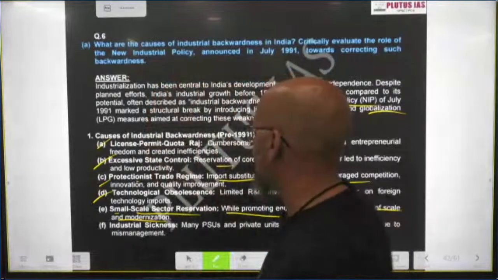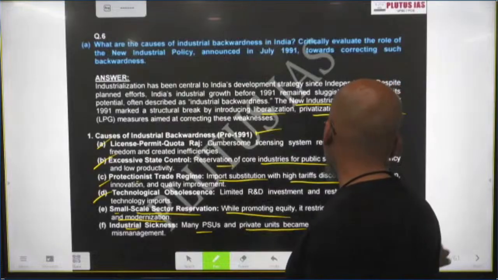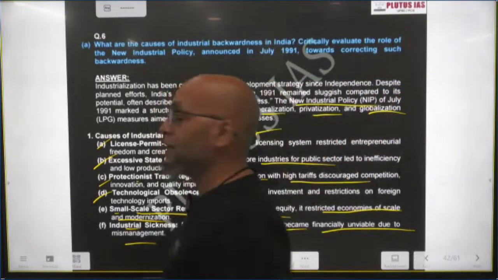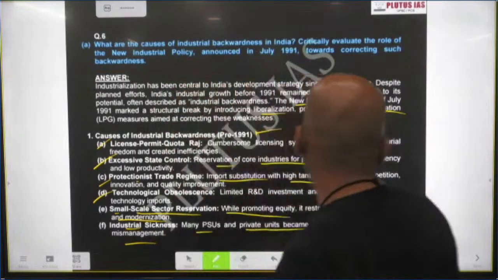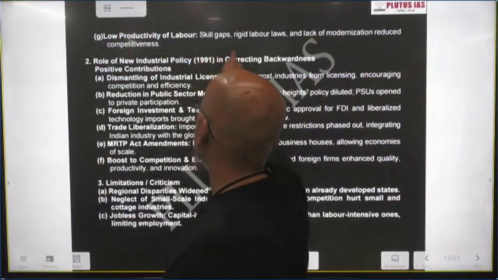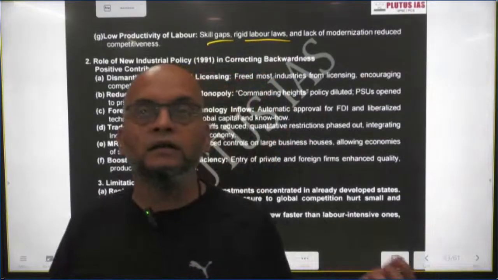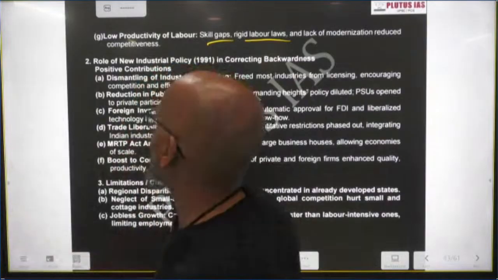Then industrial sickness: many PSUs and private units became financially unviable due to mismanagement, and that happened a lot with PSUs. Financially unviable means they started making losses. Then low productivity of labor, skill gaps, rigid labor laws. Every time there is a strike in the factory, 'hamari mange puri karo.' So all this led to low productivity.